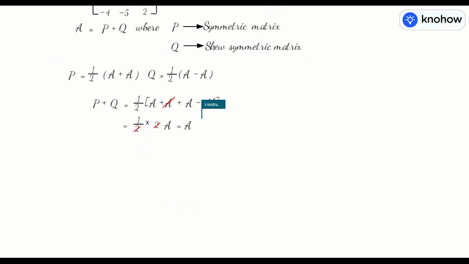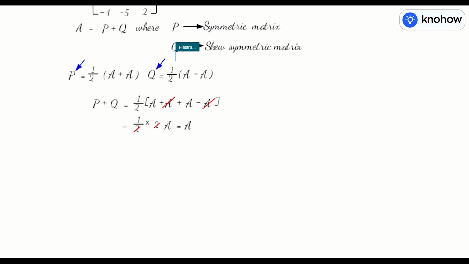So if I choose P as half A plus A dash and Q as half A minus A dash, then at least A will be equal to P plus Q. That has been verified. So now I shall find P and Q and show that P is symmetric and Q is skew symmetric, and our job is done.